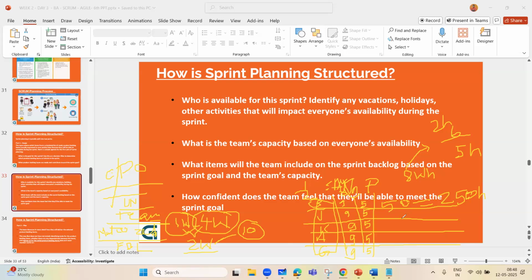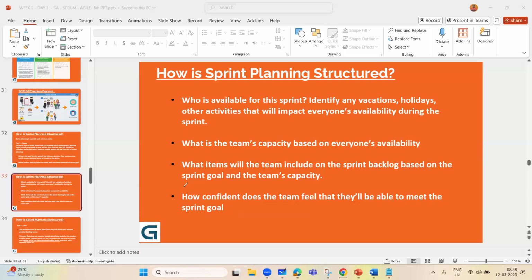You take everyone's holiday well in advance, understand everyone's calendar well in advance, so that you plan the capacity, and accordingly you assign the work to the people, considering how one person can contribute for one user story. With me so far? Do you understand how we calculate the capacity, everyone? Okay, super. Now, let's go ahead.